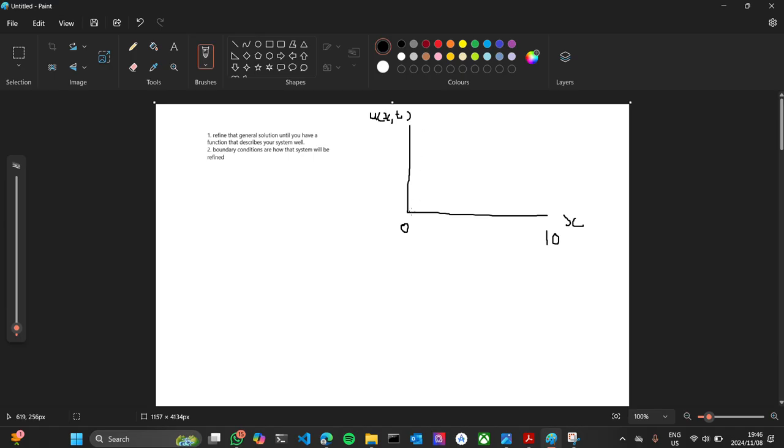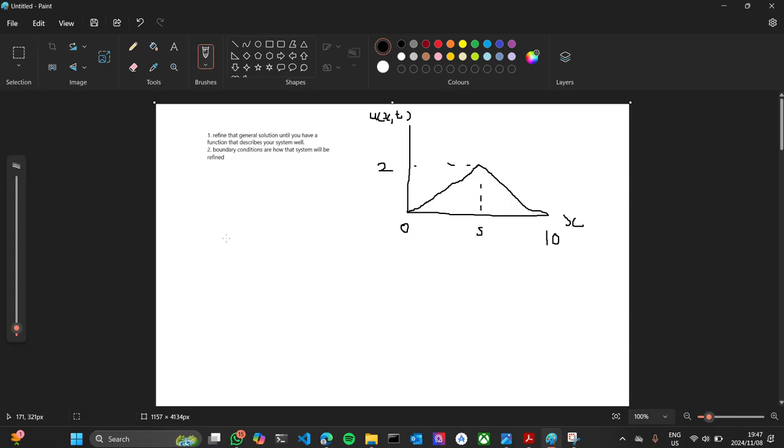You're going to have the string that runs up to the midpoint, and at this midpoint, it is 2 centimeters above the reference line, and it sits at the midpoint of this, so that's 5.